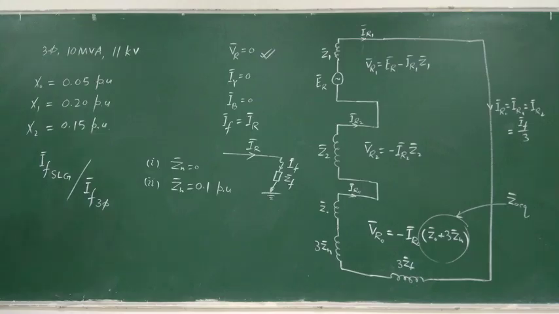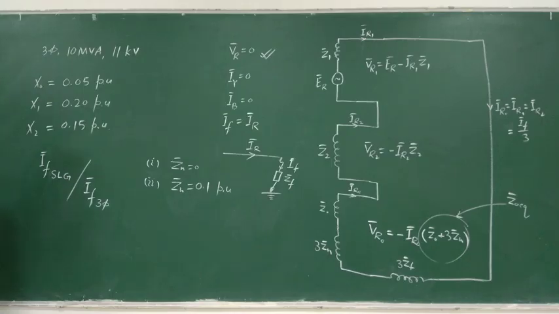So in this problem, the specifications of the alternator are as shown: 3-phase, MVA, line voltage 11 kV. You have to find these two ratios of fault currents. This is fault current for single line to ground fault, and this is fault current when all 3 terminals are short circuited, that is symmetrical fault.